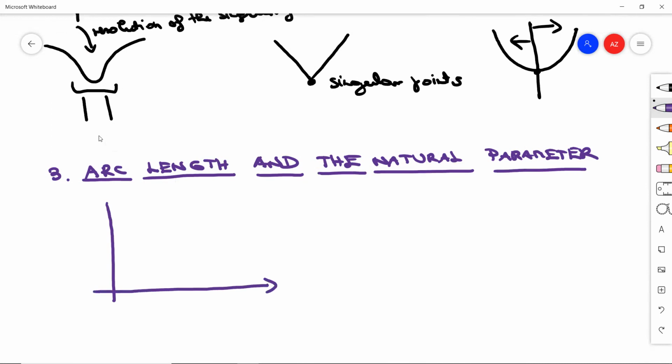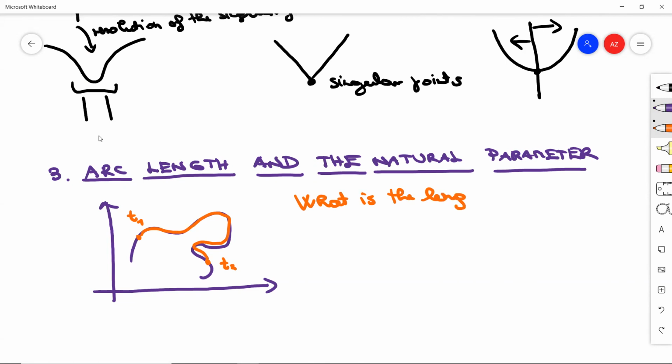We have our curve, and we would like to measure this length. Let's say that we choose here parameter T1, then we choose here parameter T2, and we would like to measure this distance traveled along the curve. What is the length of the arc?